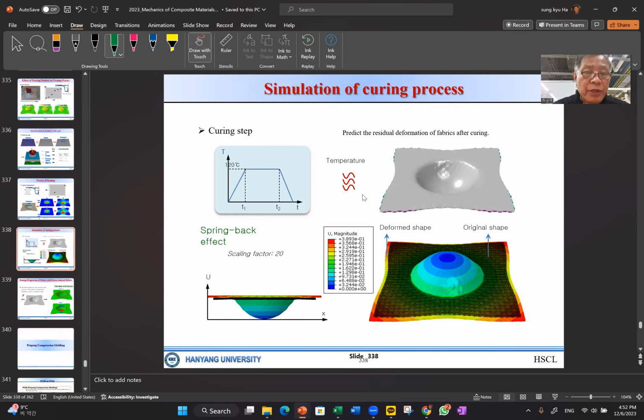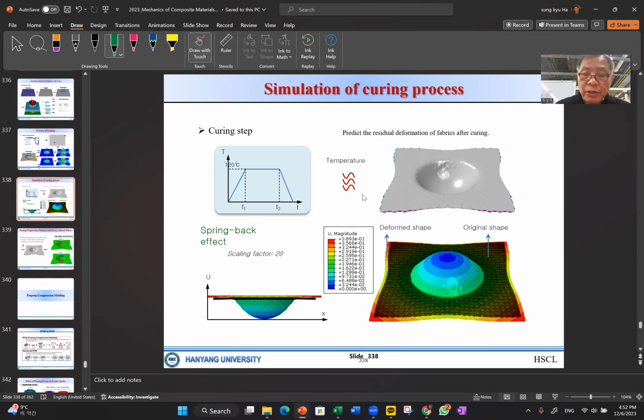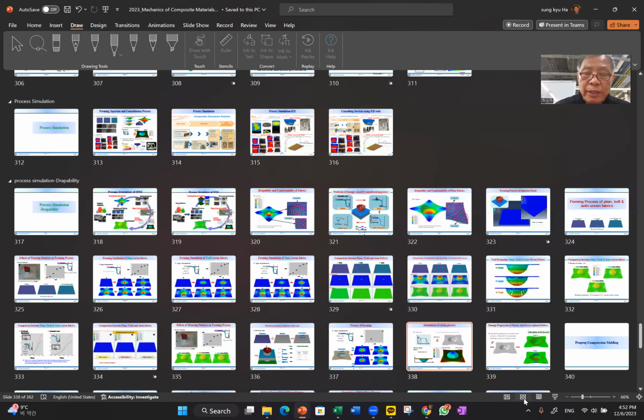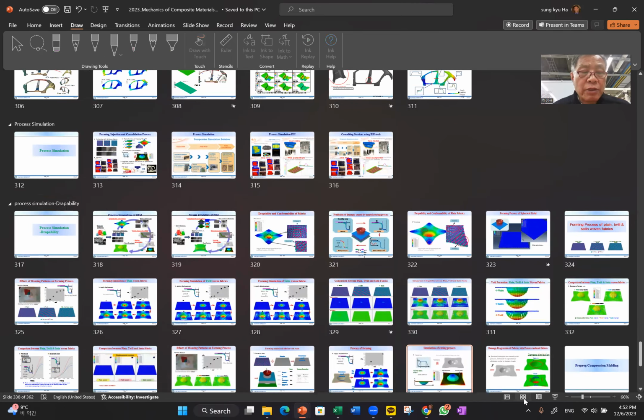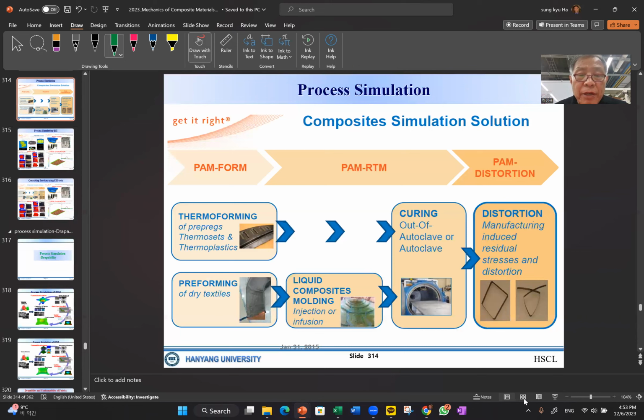And then we can also simulate the curing process. Once we have a draping and then RTM, we can cure that, and we can predict the residual stress. I will not cover all of this study, but it's important to understand what you can do in real simulations. PAM Composite starts from PAM Form, PAM RTM, and PAM Distortion. PAM Form is like the draping, just shaping the dry fabric.